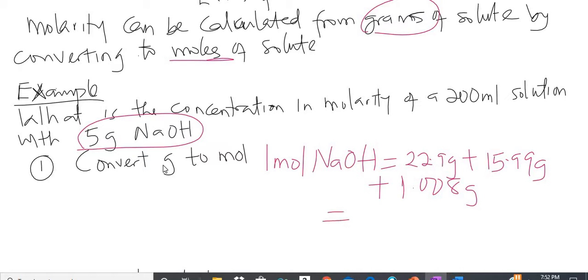When we add all this together, it gives us 39.692 grams of sodium hydroxide. So we get this from the periodic table.